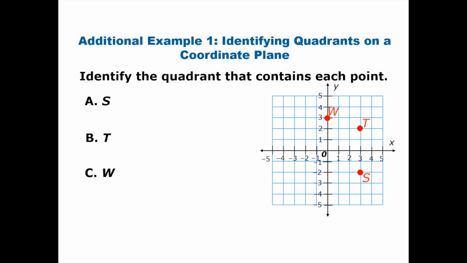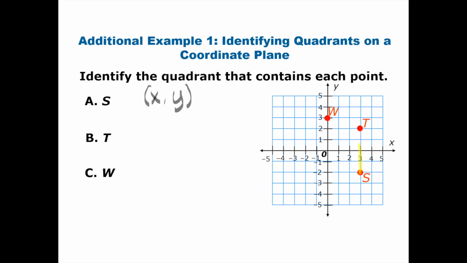So looking here at our coordinate plane, we can see that we have 3 points that are marked on our coordinate plane, and we're going to list those as an ordered pair. So first we're going to list the x value, then we're going to list the y value. So in order to figure that out, we're going to look at point S here, and we're going to go up to the x-axis.